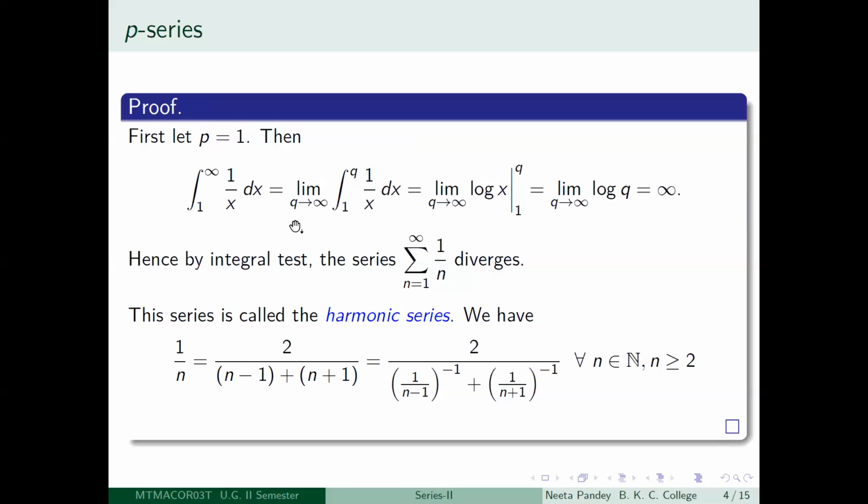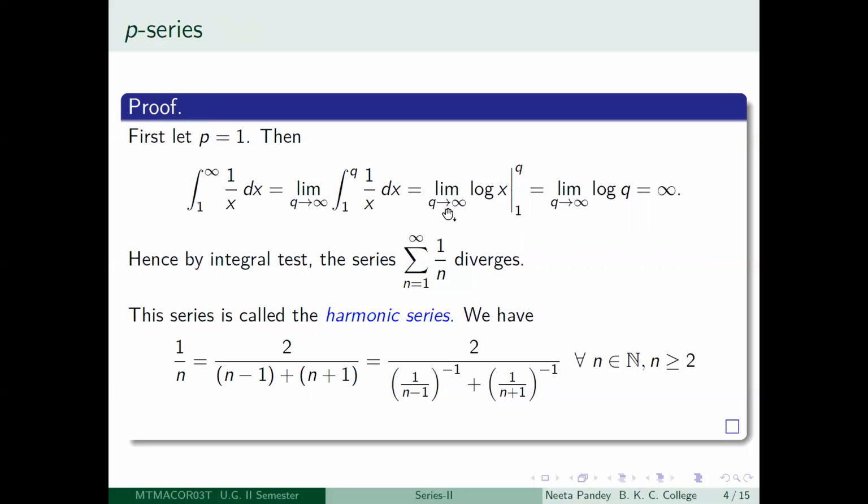First, you assume that p equal to 1. Then if you want to find out the integral from 1 to infinity of 1 by x dx, by definition it is equal to the limit as q tends to infinity of the integral from 1 to q of 1 by x dx. Here q is any positive integer greater than 1, right? What is the integration of 1 by x dx? That is just log x.